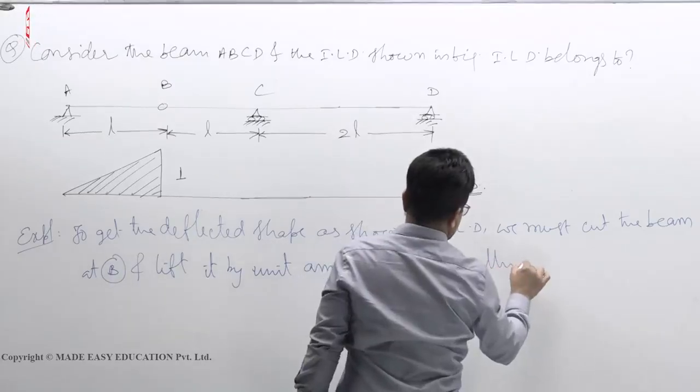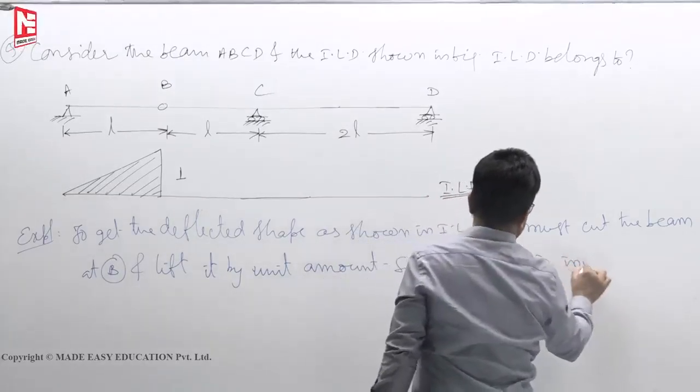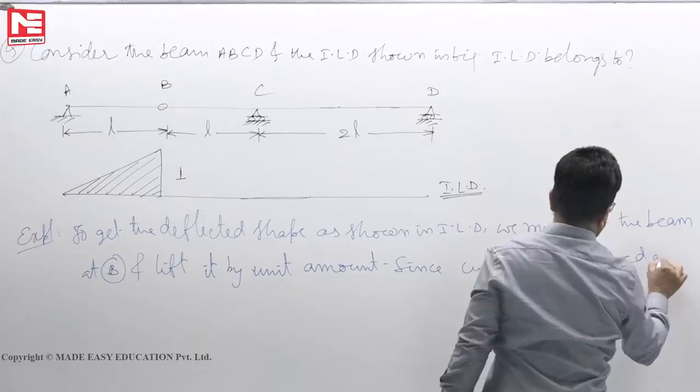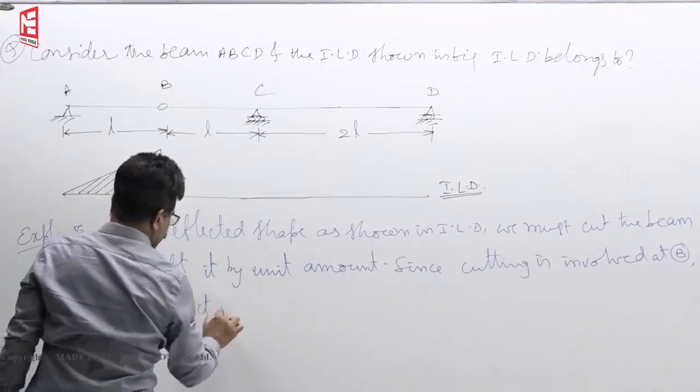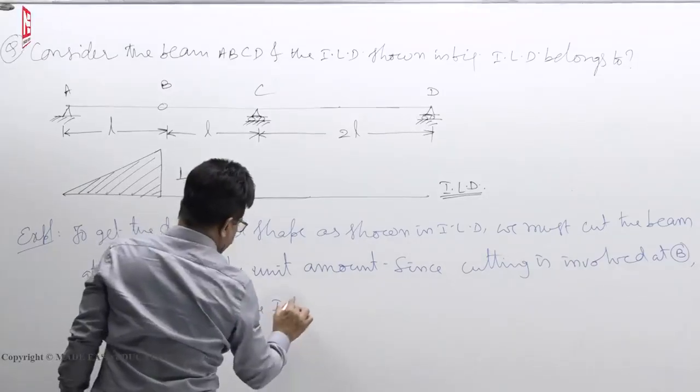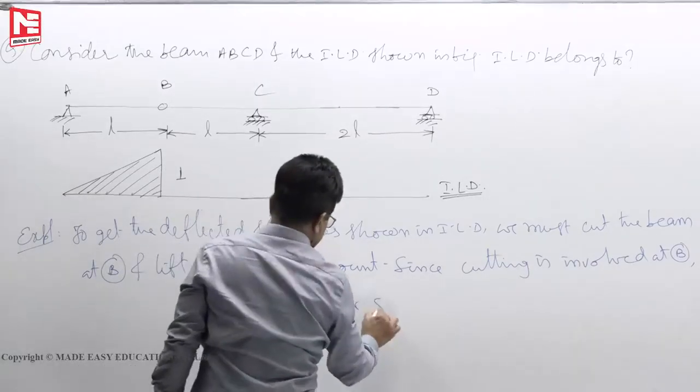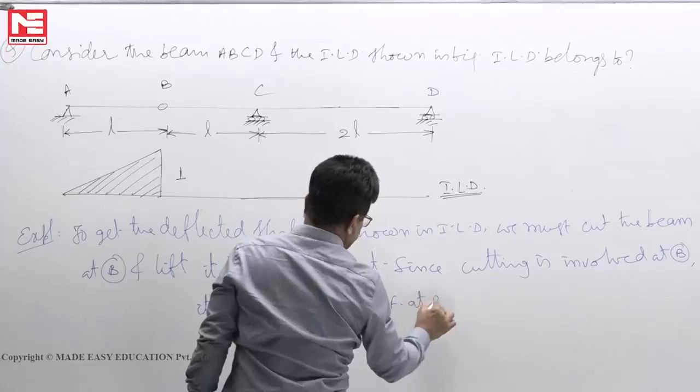Since cutting is involved at B, it is the ILD for shear force at B.